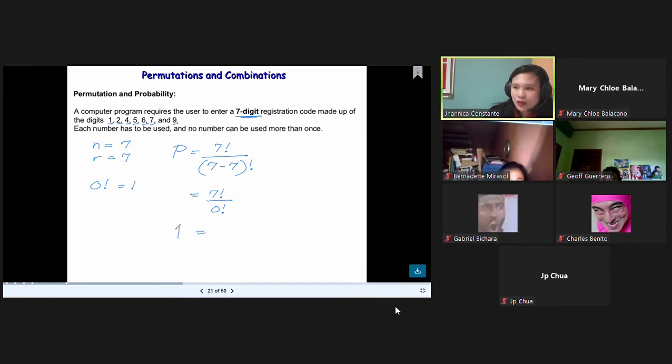So we're going to have permutation 7. What is the value? How many combinations of 7-digit numbers can we have?